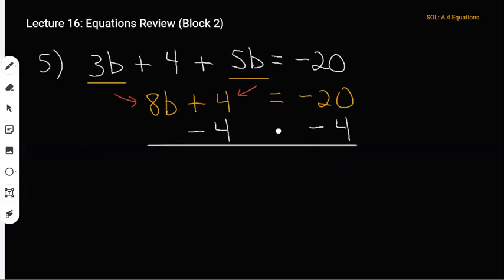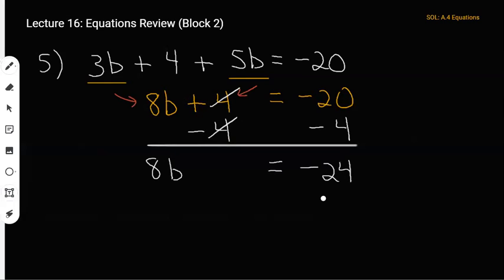Because if you'll notice on the left side, I have a positive 4 minus a 4. That's going to give you 0. So they cancel each other out. And the only thing I'm left with is the 8b on the left-hand side. On the right-hand side, I have negative 20 minus 4, and that's going to give you negative 24 once you put those two numbers together.